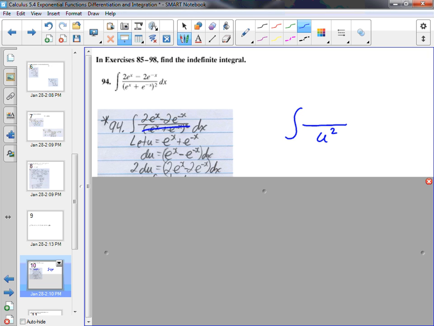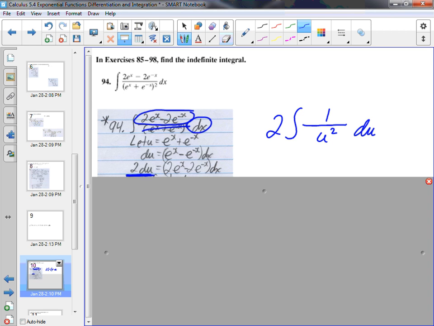So we took care of that. And then the numerator times dx can be replaced by 2 du. Now, I could put the 2 here, but I'd rather put it up front, and I'll just do a times 1 because I can't leave it blank, du.